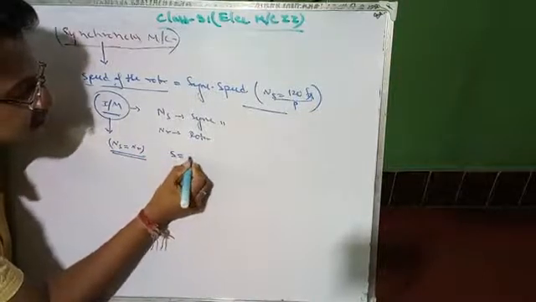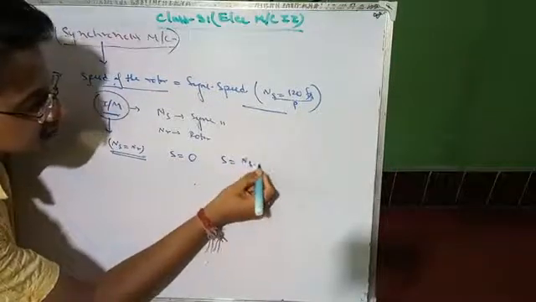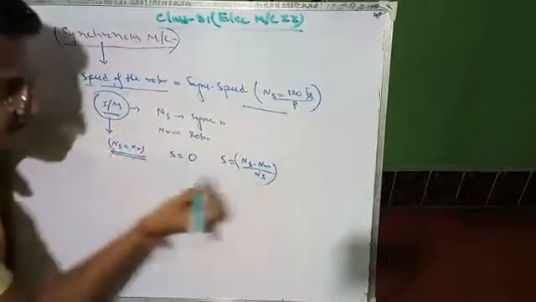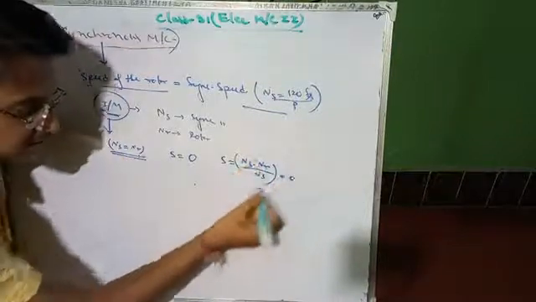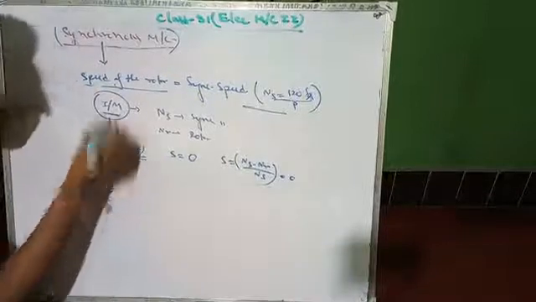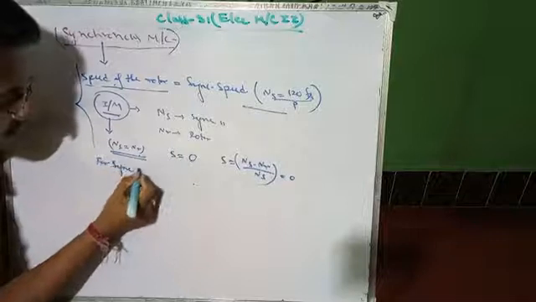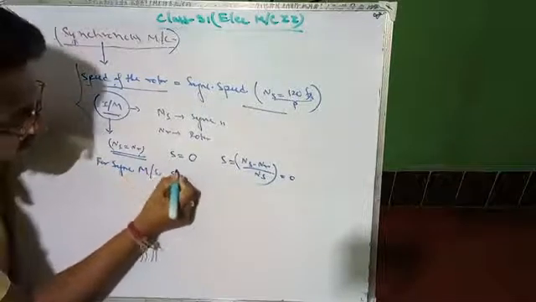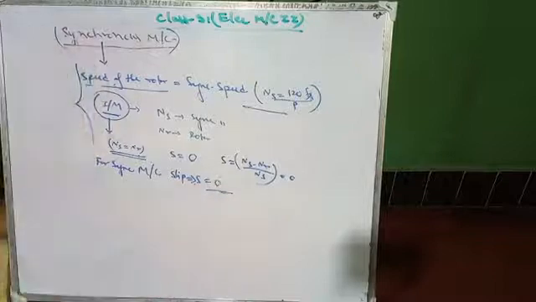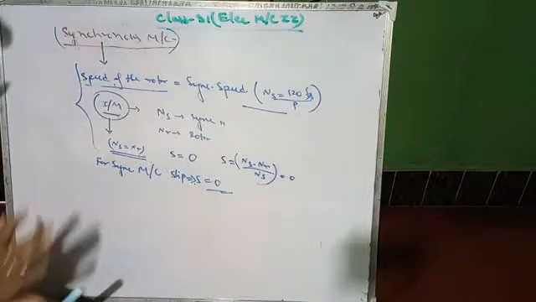Slip equals (Ns minus Nr) divided by Ns, so when Nr equals Ns it will be 0. Our conclusion is that for a synchronous machine, slip s equals 0. This is the concept of the term synchronous.